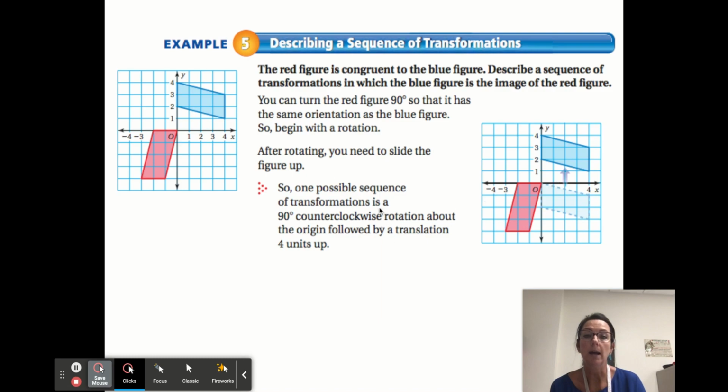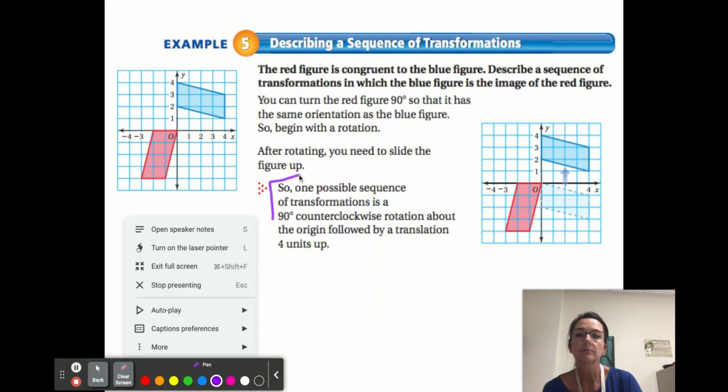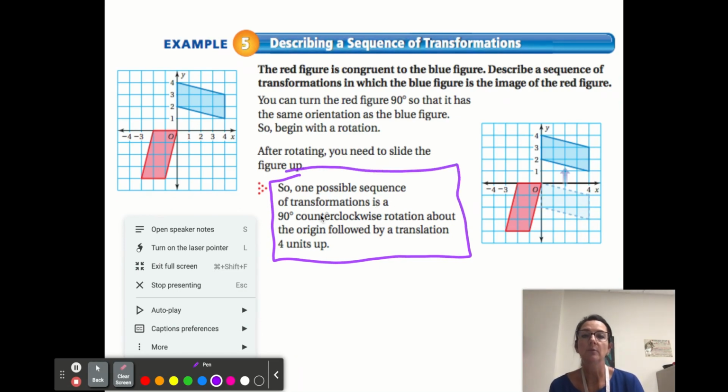So that's one possible sequence of transformations: a 90 degrees counterclockwise rotation from here to here, about the origin, followed by a translation 4 units up. And how you know that you've gone 4 units up is from one point you count 1, 2, 3, 4.